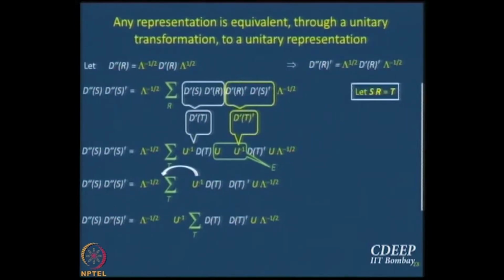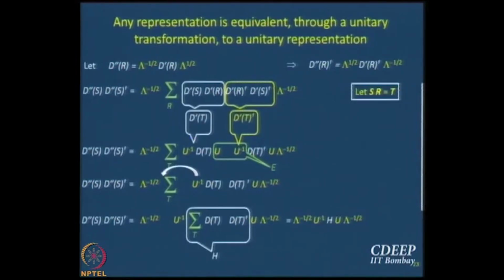D double prime S adjoint equal to lambda to the power minus half, U inverse, sum over T dT dagger U, lambda to the power minus half. What is this? This is H, right? Why is this H? I thought H is sum over R. What do you have?